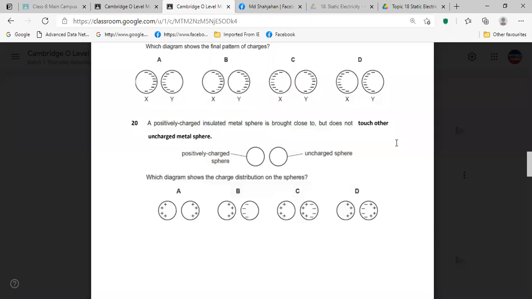A positively charged insulated metal pair is brought close to but does not touch another uncharged metal pair. Which diagram shows the charge distribution of these pairs? Which one?